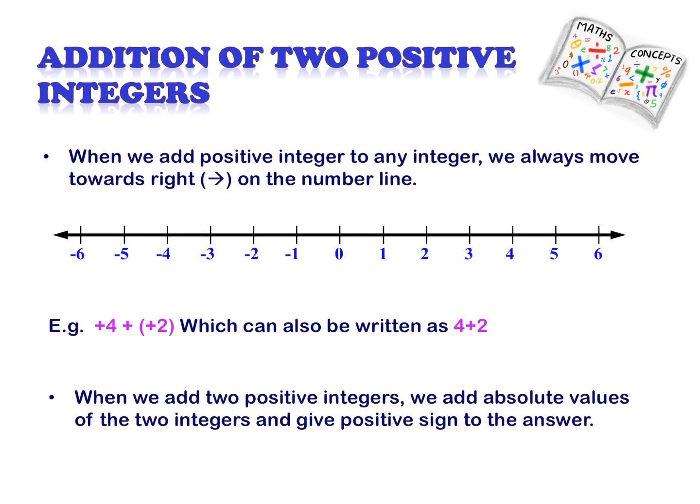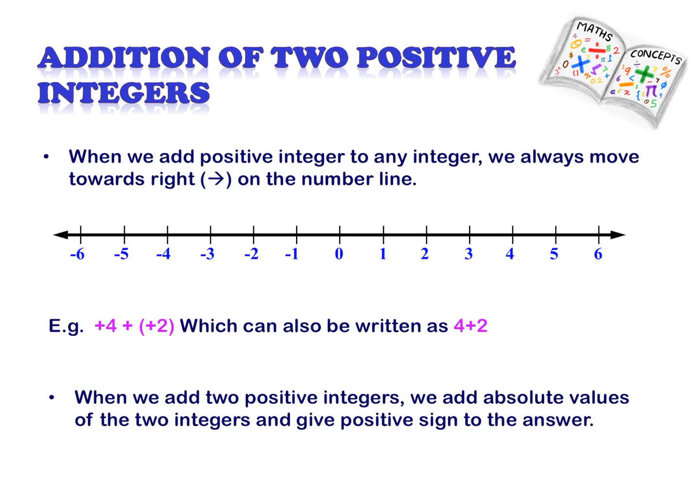We have been learning addition of 2 numbers since our first or second class. The addition of 2 positive integers is same. When we add 2 positive integers, we add their absolute values. Whenever we add any positive integer to any other number, any integer, we always move towards right on the number line.